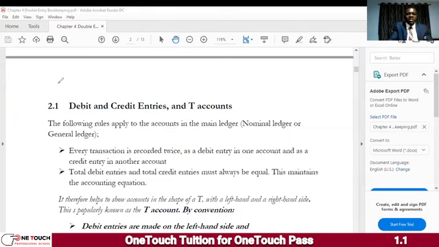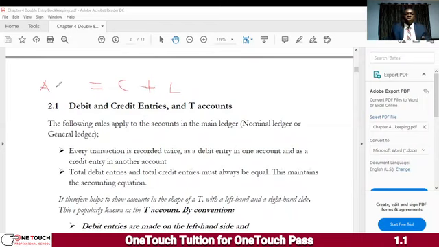We did mention that assets, A, is equal to C plus L, where A represents assets, and you can see that A is on your left hand side, and capital and liabilities are at the right hand side of the equation.